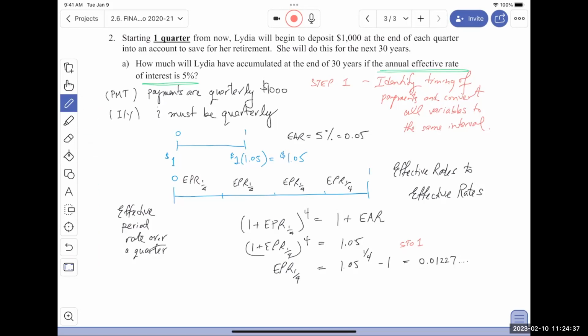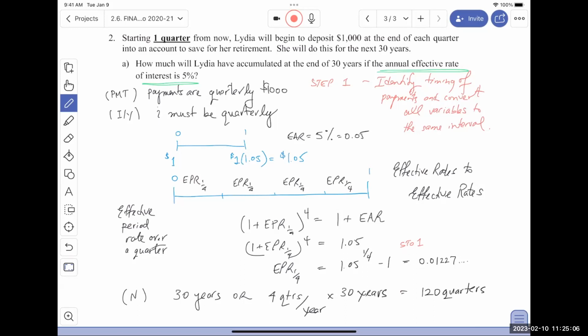So I didn't do them in any particular order, but so now for N, 30 years must be converted to quarters.